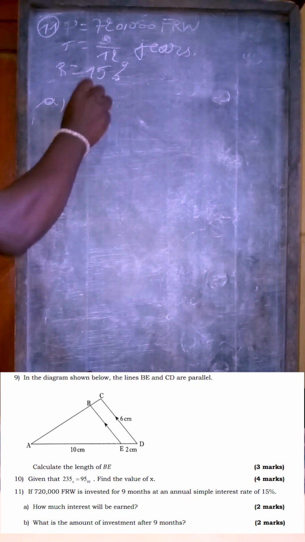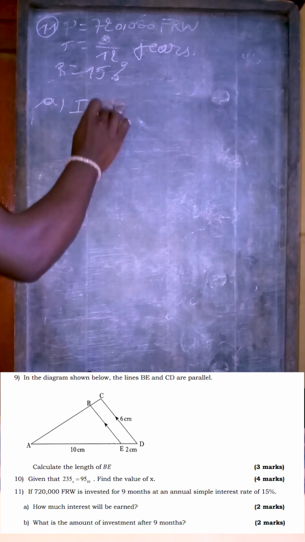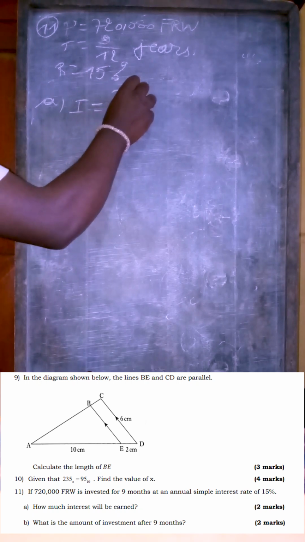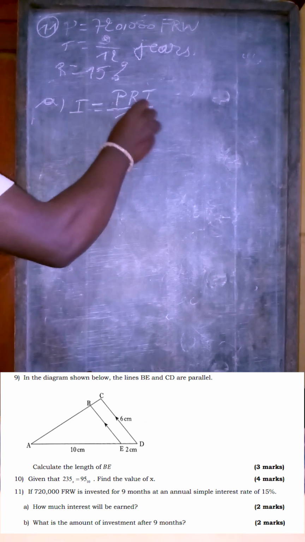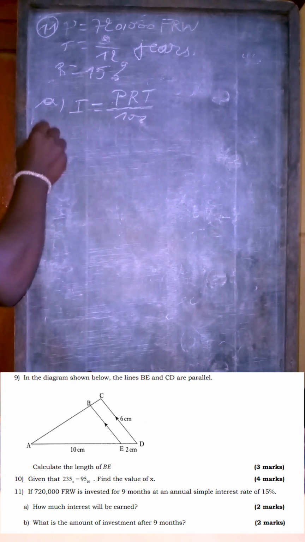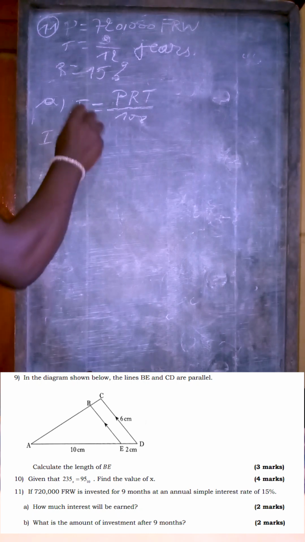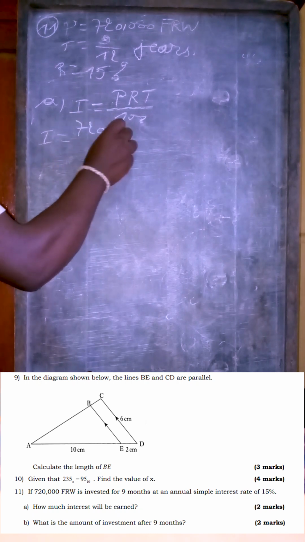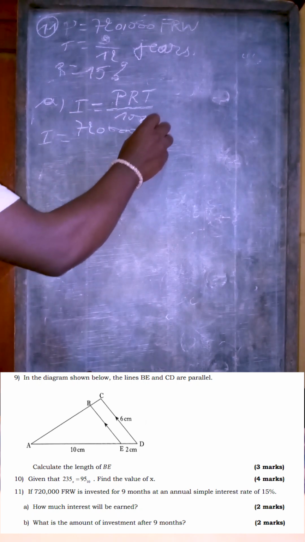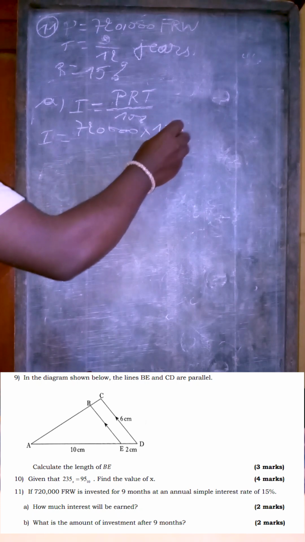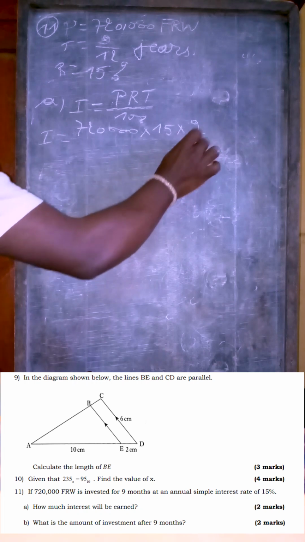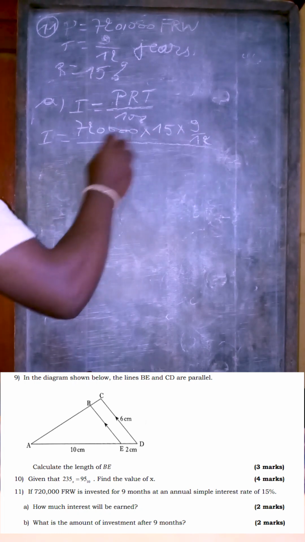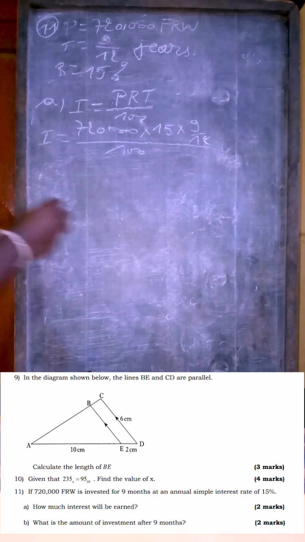For A, we have to find the interest as I, and interest is equal to P times R times T over 100, means that interest is equal to 720,000 times 15 times 9 over 12 over 100. And you can simplify this and this.